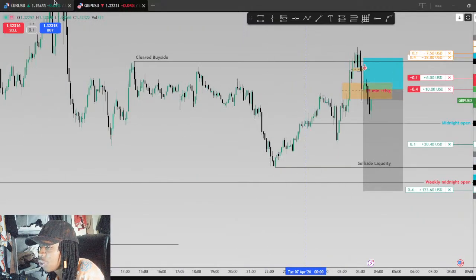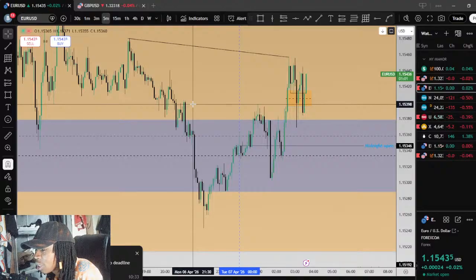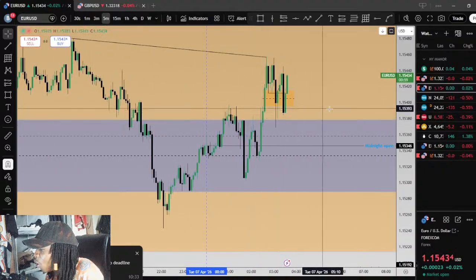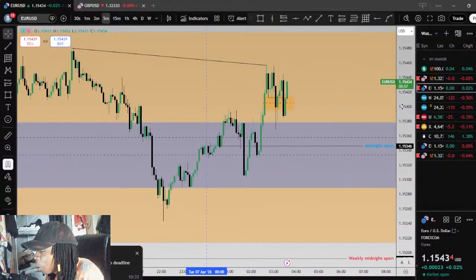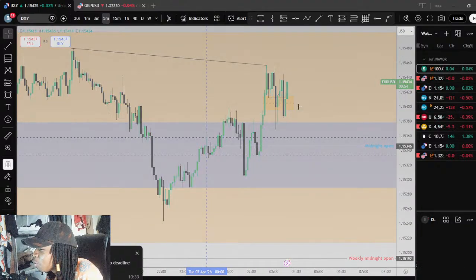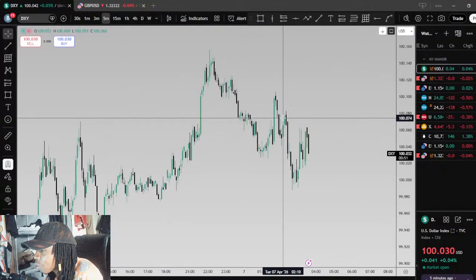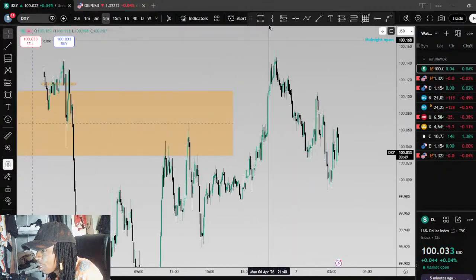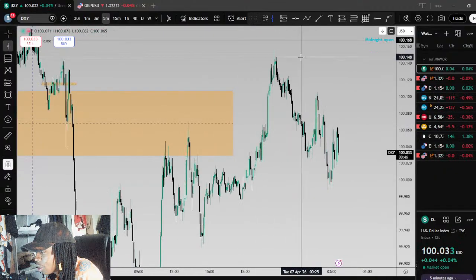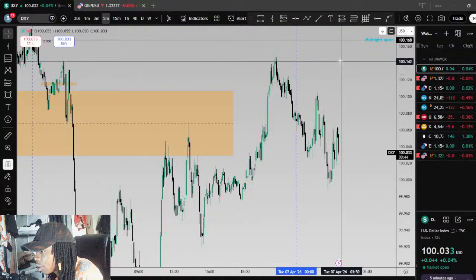Let's look at euro. What is euro doing? Oh my lord. Euro is definitely being stubborn, by the way. Let's look at the XY. Midnight open. There it is.